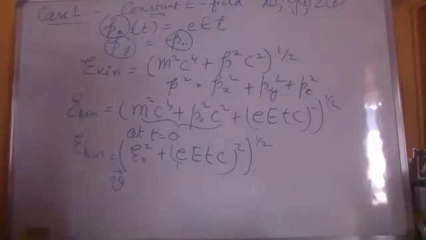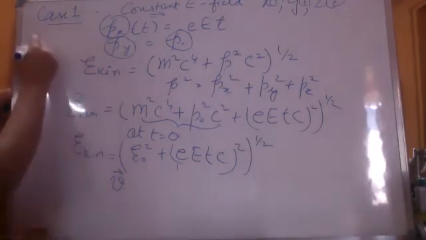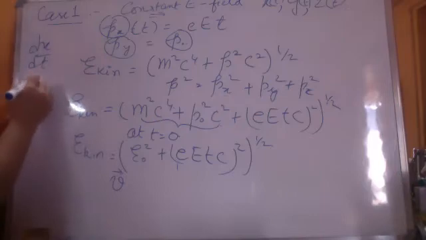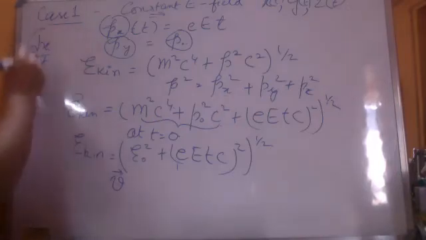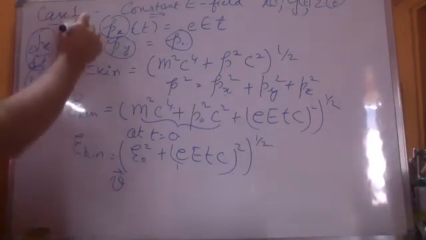Why? Because to get x and y, what do I need? I need dx by dt. That's what we always do even in Newtonian physics: I get dx by dt and dy by dt from my equation of motion, and integrate them to get x and y as functions of time. I cannot do that here.